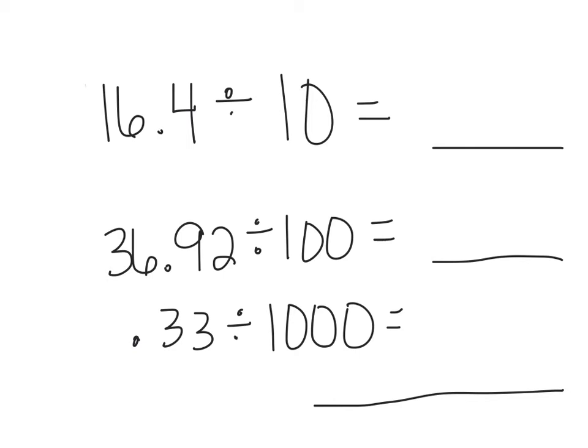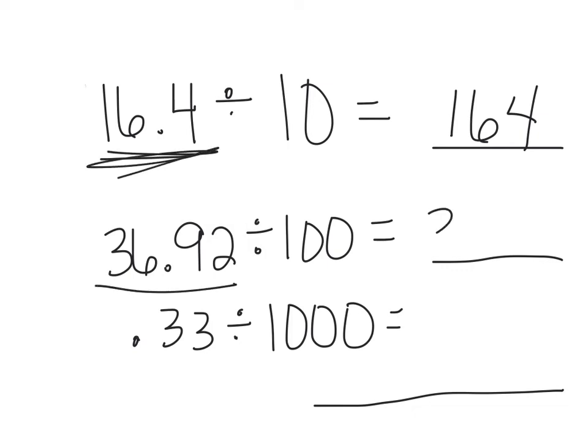Okay, hopefully you're back, you've unpaused it, and you have answers for all of these problems. But the first thing I want you to check is does your answer have the same number as what's over here? Yes? Good. Alright, then we have to check how many zeros or how many spots are we moving the decimal.